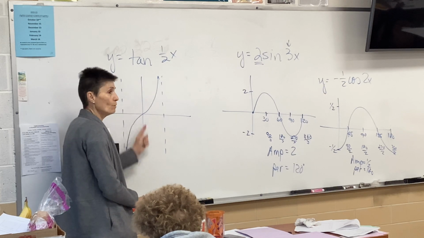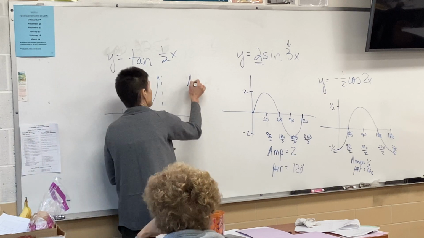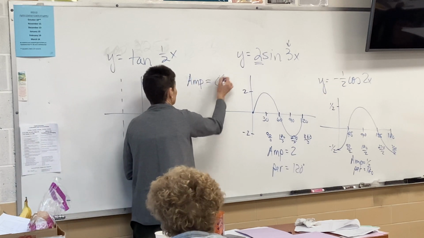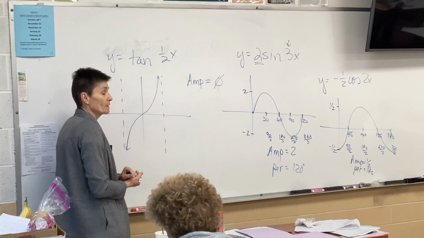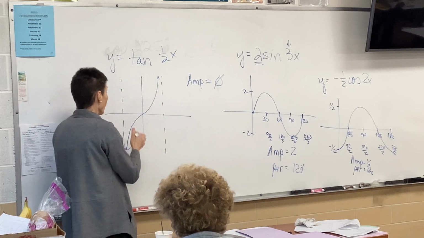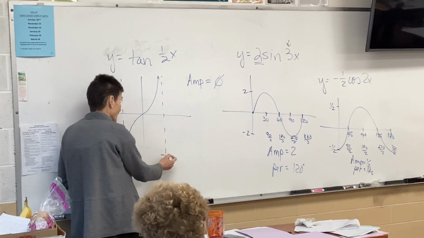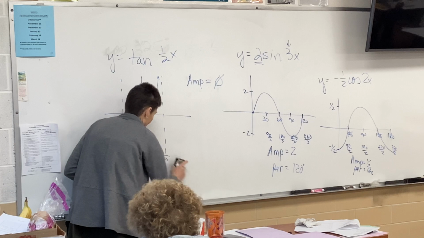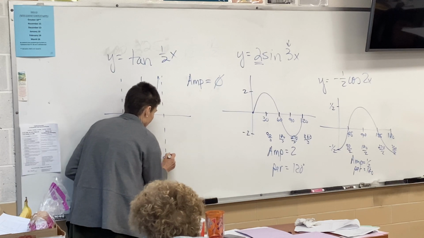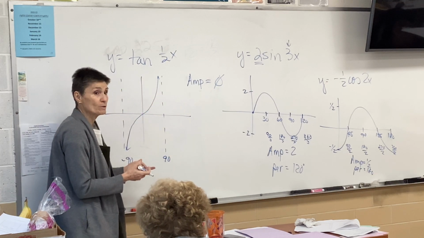There's no vertical labels because tangents have no amplitude, no height. And the horizontal labels are supposed to be negative 90 and 90. Right? Those are what my labels are supposed to be.